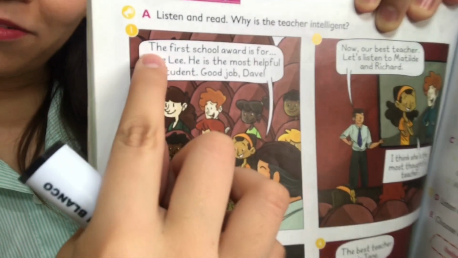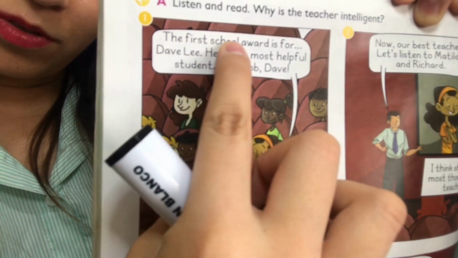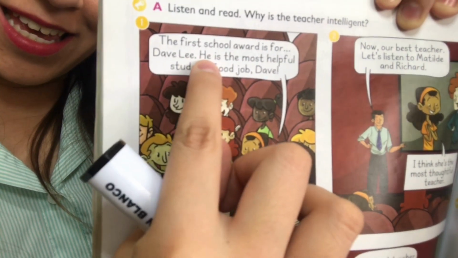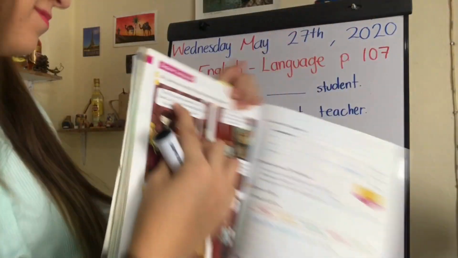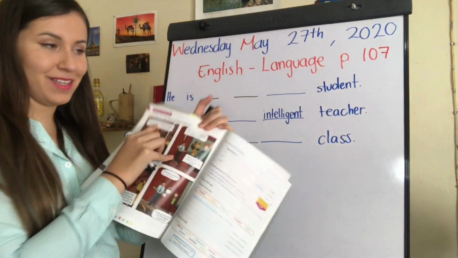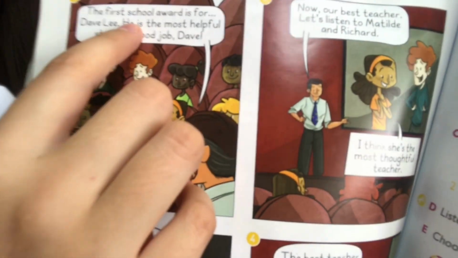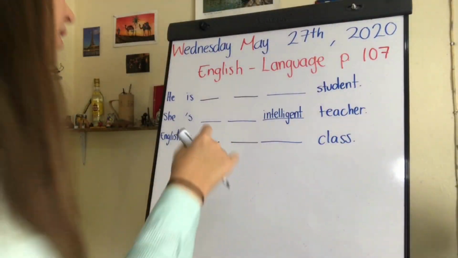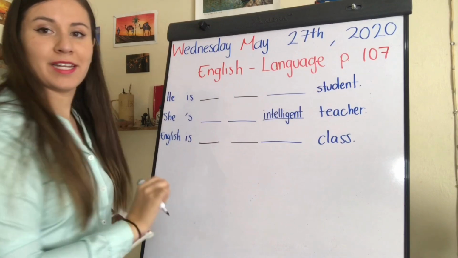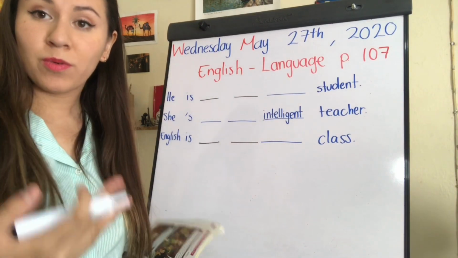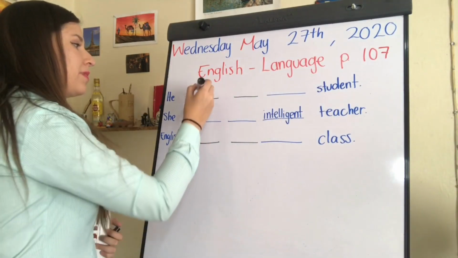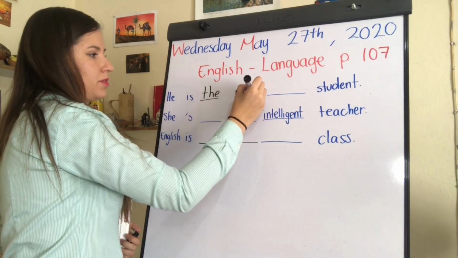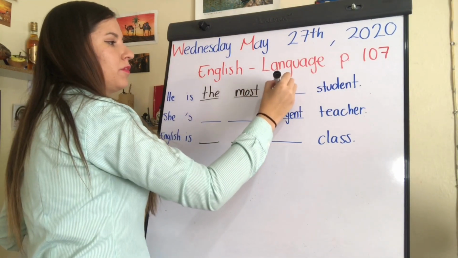So if we start again, we can see the first school award is for Dave Lee. He is the most helpful student. Student. So what words are we missing? We are missing the most helpful.